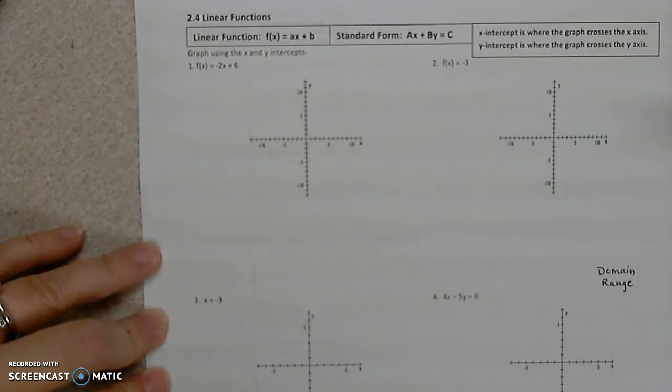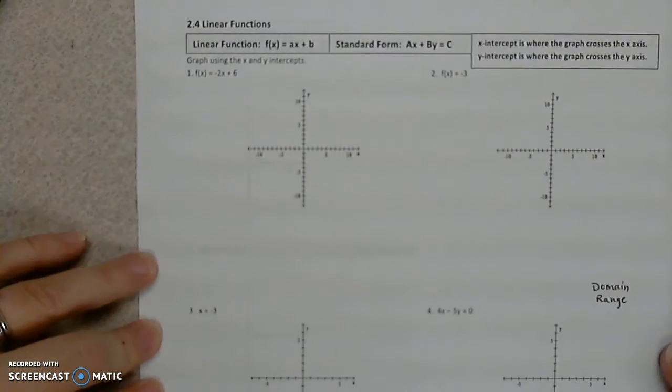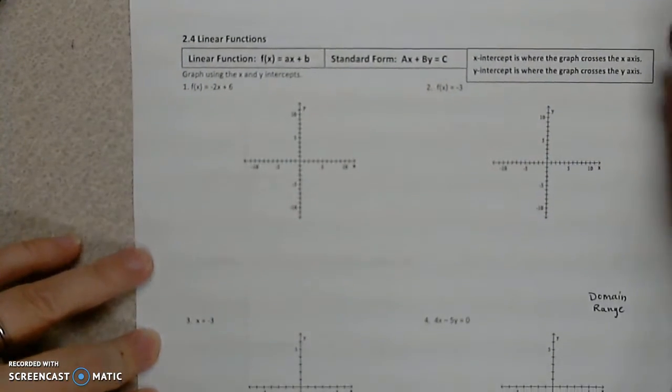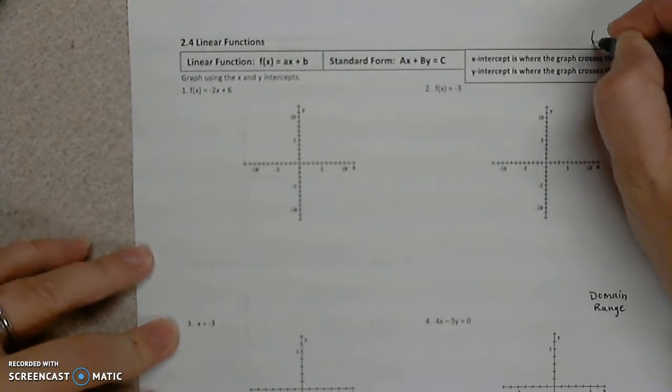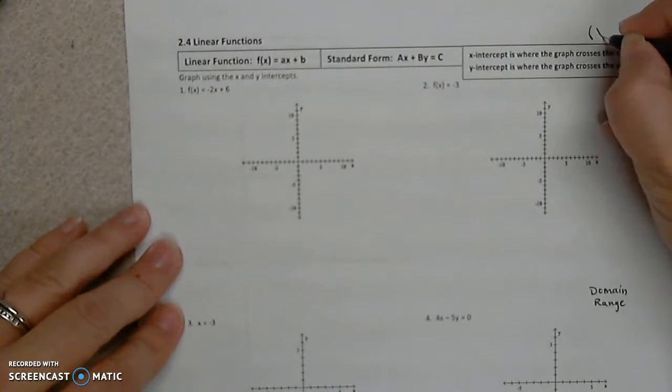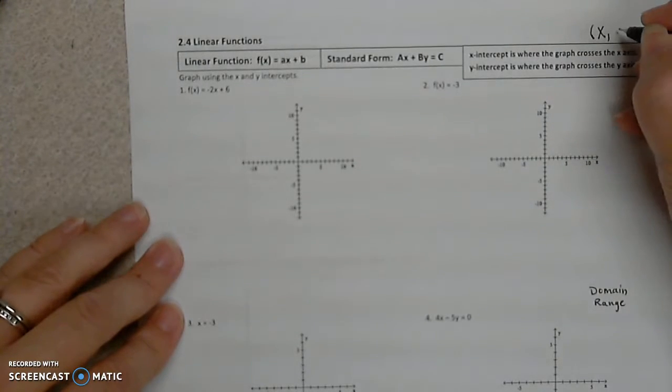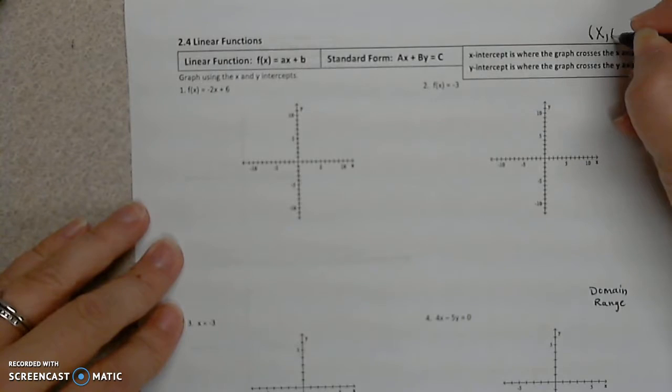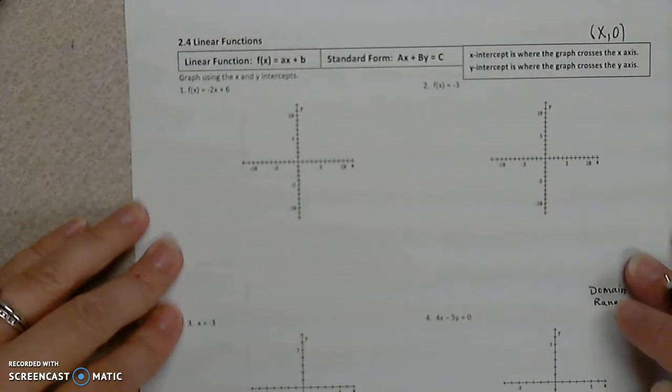Now the x-intercept is where the graph crosses the x-axis. So whatever that point is, where the line crosses the x-axis, the coordinate where it crosses is going to be whatever value x is, and then since it's on the x-axis, the y is always 0.